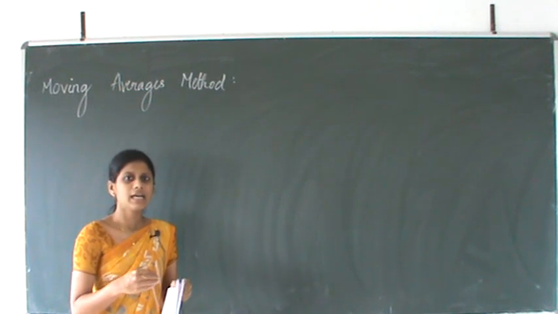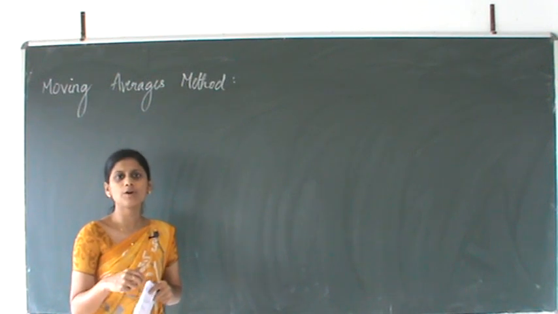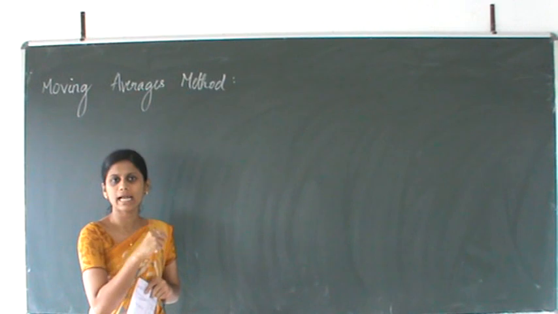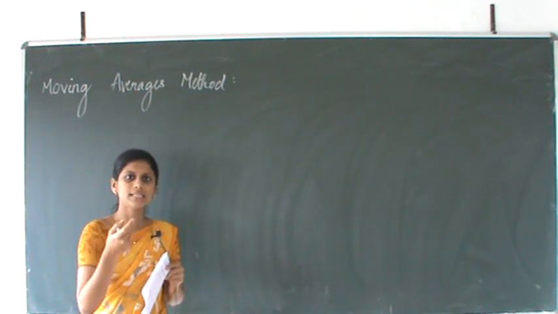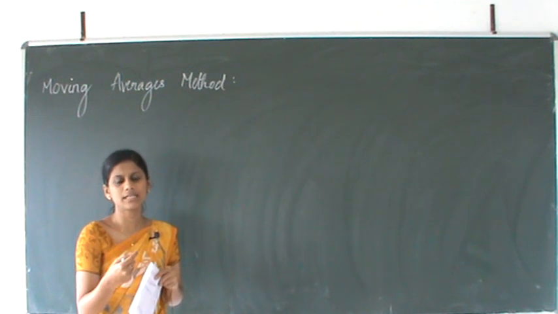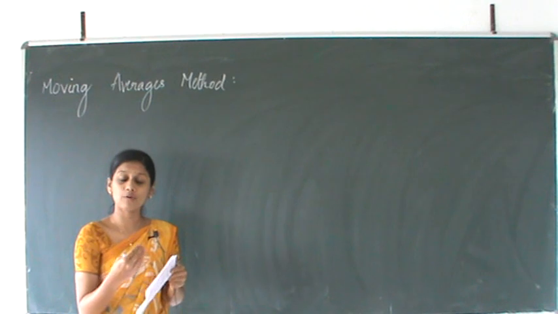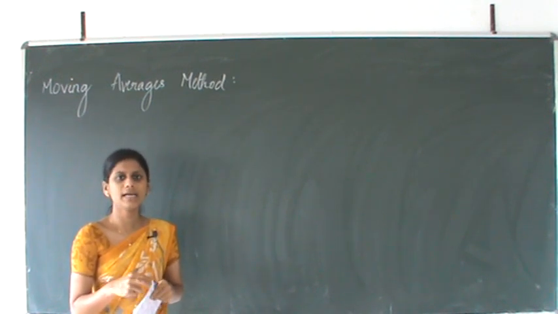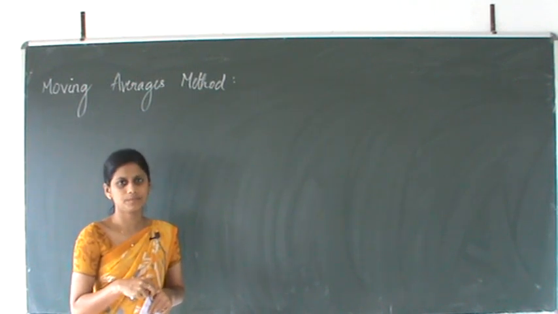For example, if we are going to calculate 3 yearly moving averages, first we consider the first 3 years and calculate the average. Next, the first year will be left out, and the second, third and fourth year will be considered as the next group of years. That is, overlapping periods will be taken and averages will be calculated. You will have a clear idea when you solve the problem.